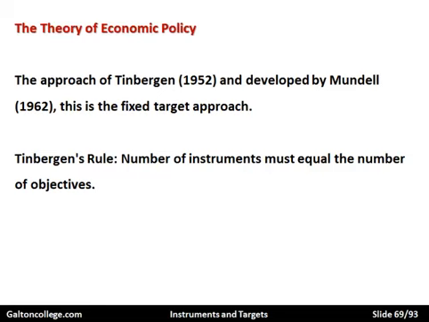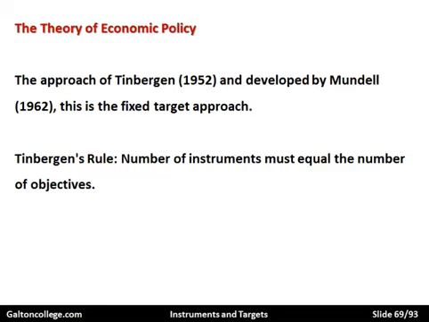Now, the instruments could be monetary policy, fiscal policy, as I said. The objectives: low inflation, no unemployment, high rate of economic growth, balance of payments equilibrium. So it was a question of having a number of instruments and a number of targets, and they must equal.